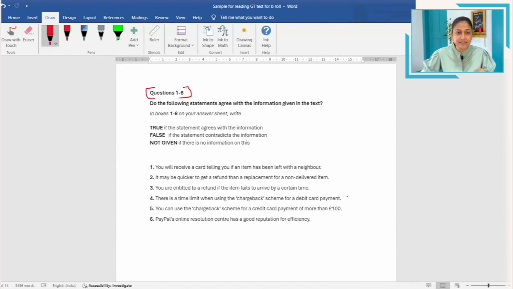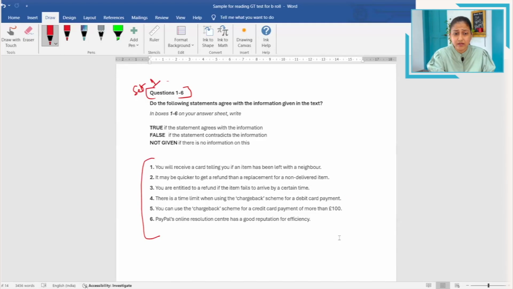And if I say this is set 1 for this text, set 1 means a set of questions, right? This is just one set of questions for one text. Question 1 to 6. That's it. Finish. Over. There is no set 2. There is just one set of questions for the first text.